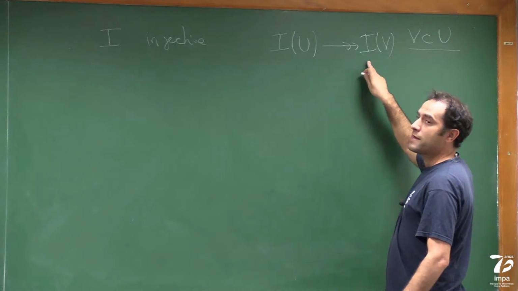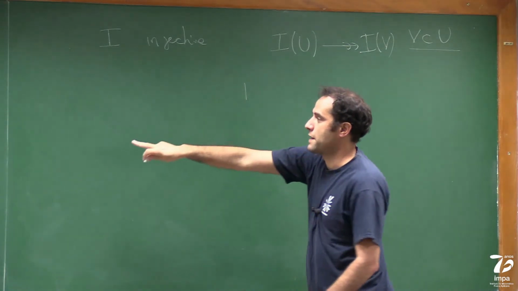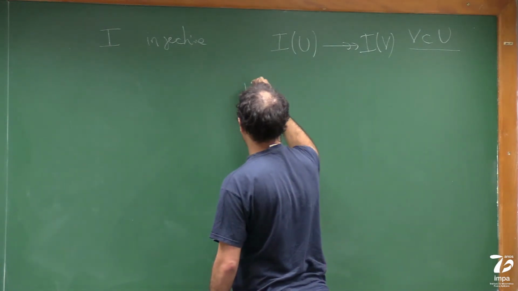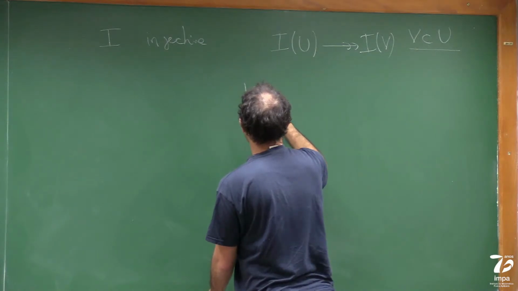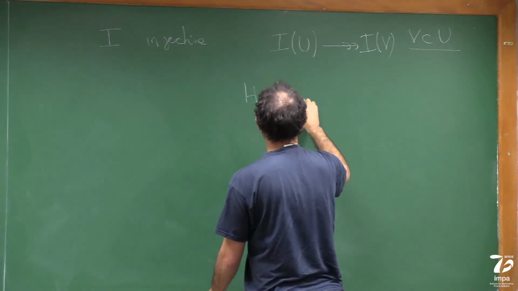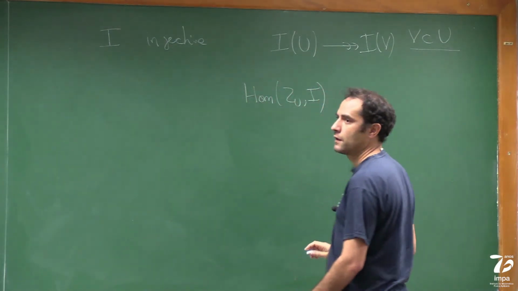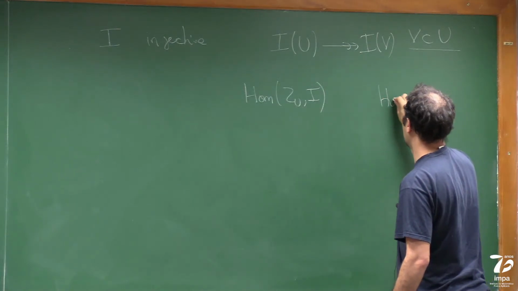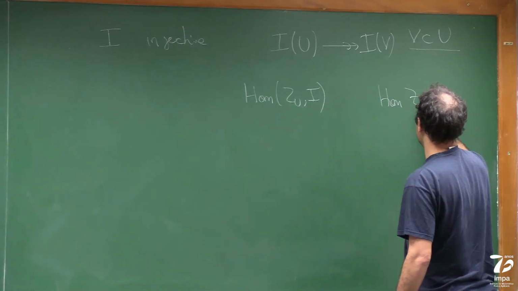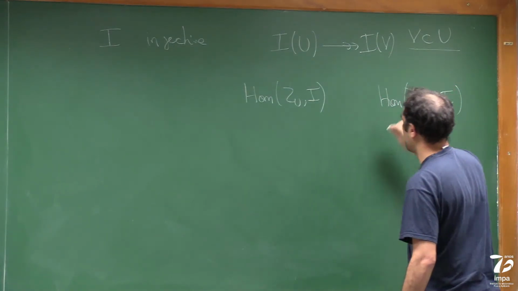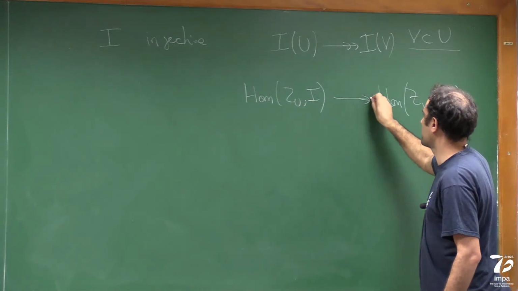Okay, but this guy here is, by that assumption, hom from Z_U into I, and this is hom from Z_V into I, and I'm asking that this is surjective.